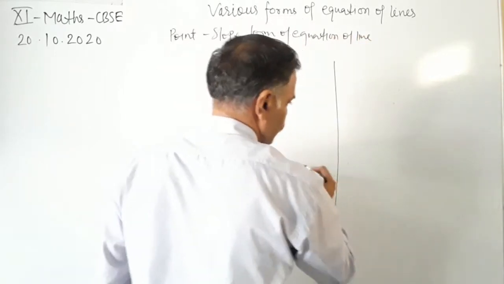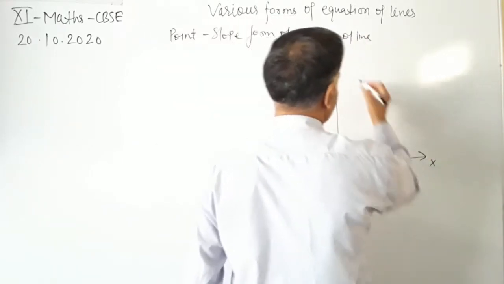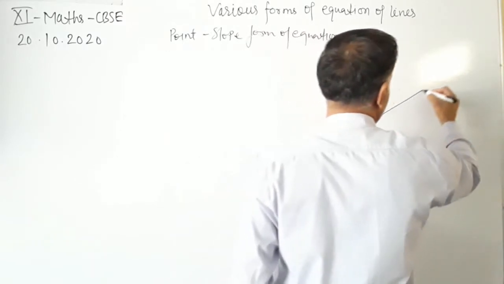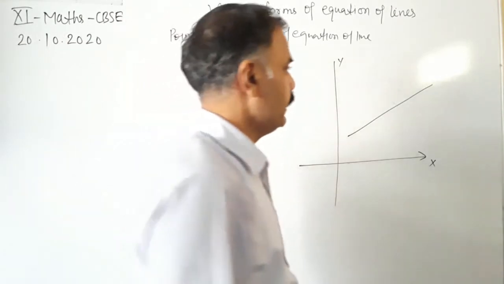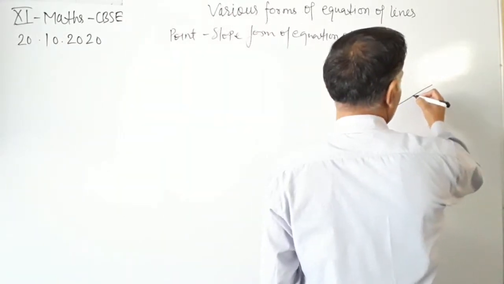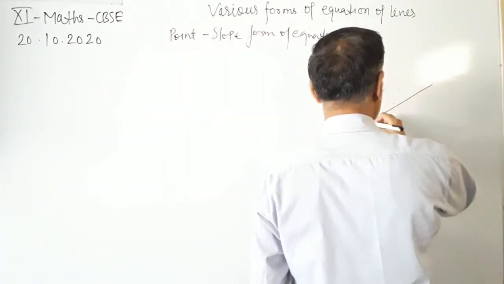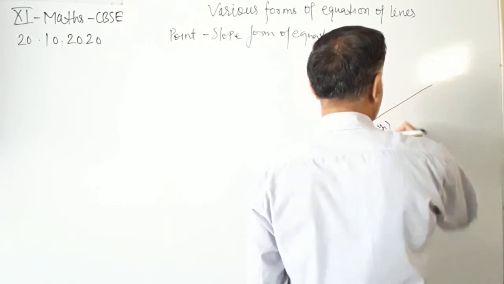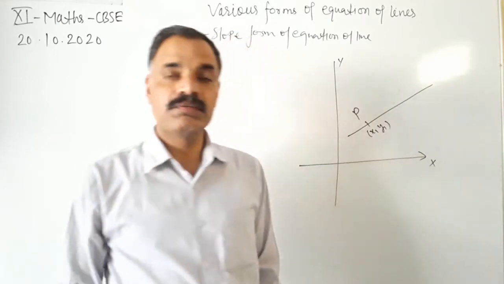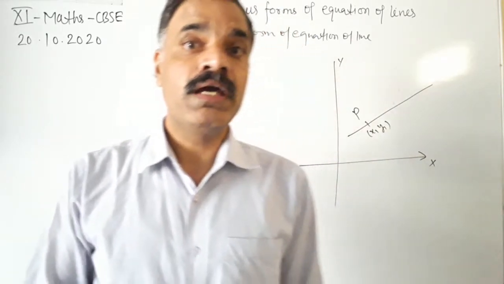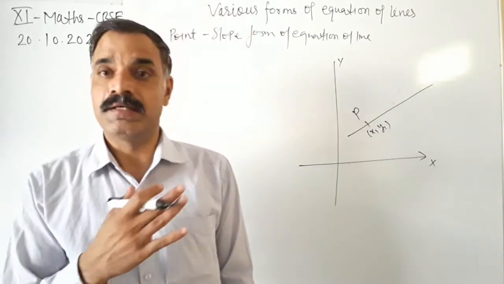Okay, this is the y-axis, this is the x-axis. We have been given a line, and one point on this line, that is x1, y1. This is the given point P, and we have also been given the slope of this line.